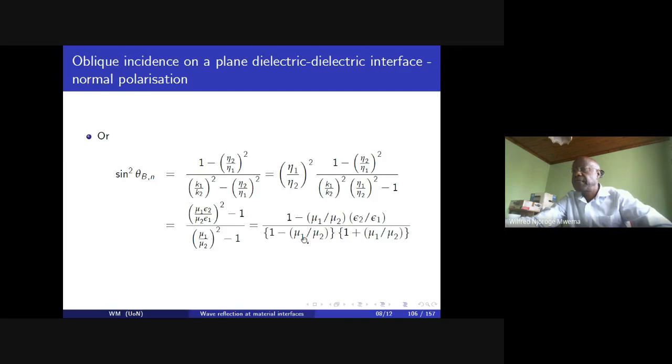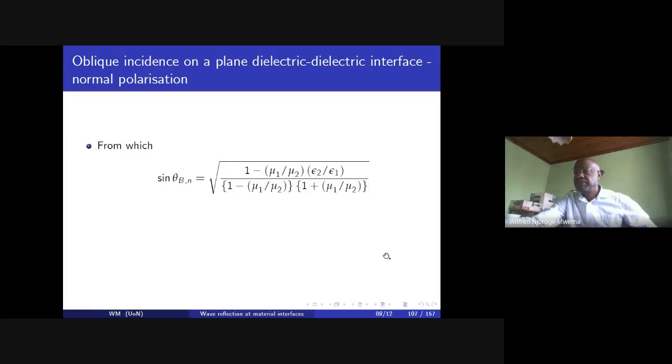We can always split it up into 1 plus the argument multiplied by 1 minus the argument at the bottom. And this will help us make a few deductions. We can see that the sine theta Bn is going to be given by that equation.